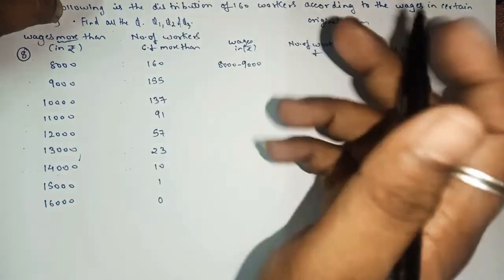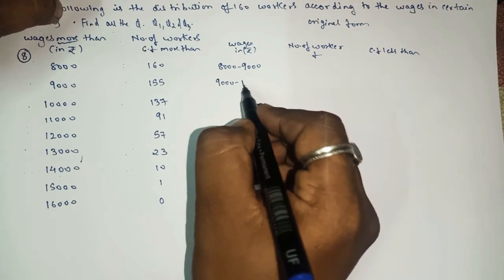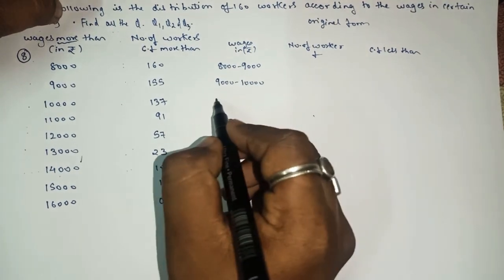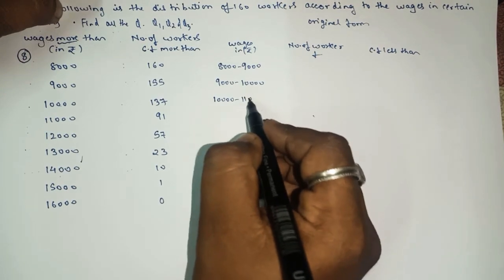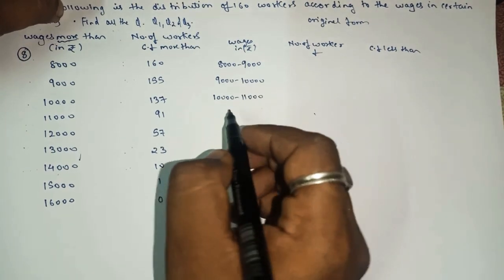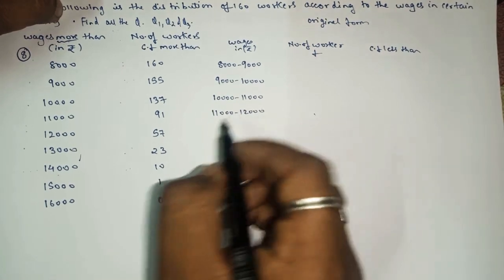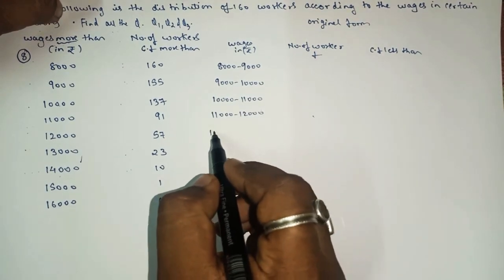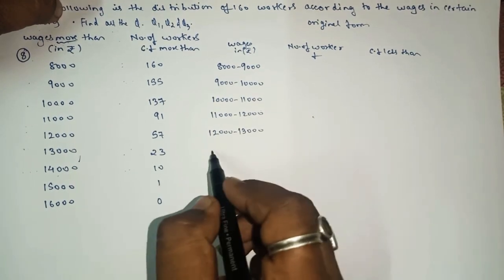So 8000 to 9000. Second class it will be what? 9000 to 10000. Then 10000 to 11000. Then 11000 to 12000. Then 12,000 to 13,000.